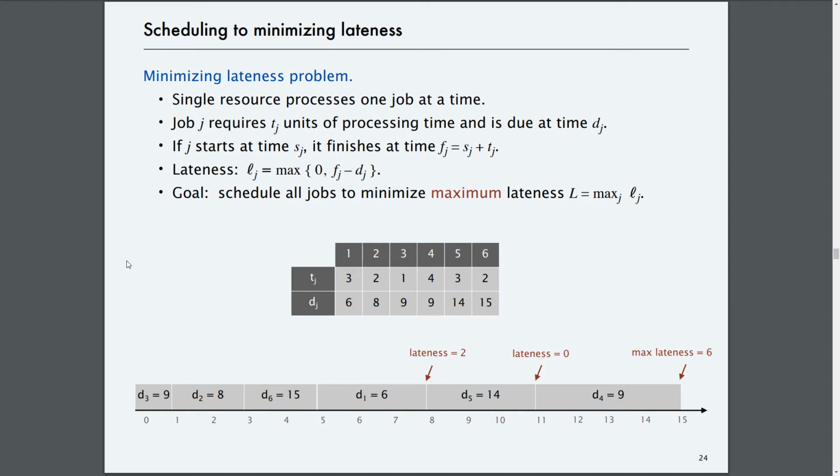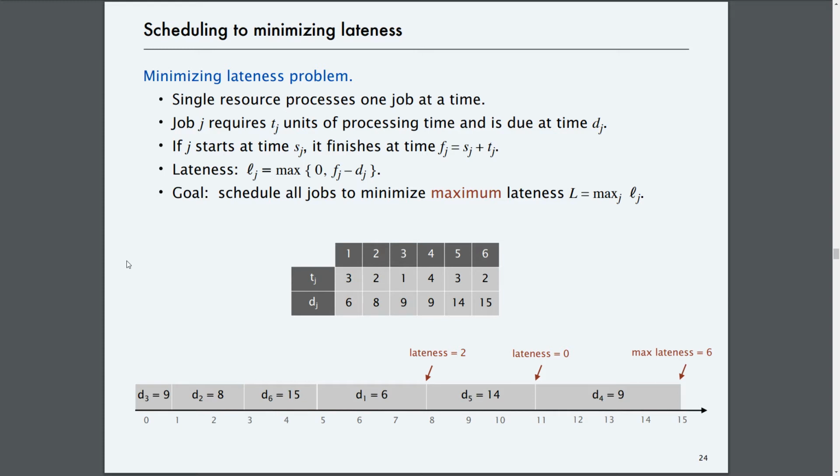The lateness is the max value of finishing time minus due time. So if our job is due at unit 4 and we finish at unit 6, then its lateness is 2.